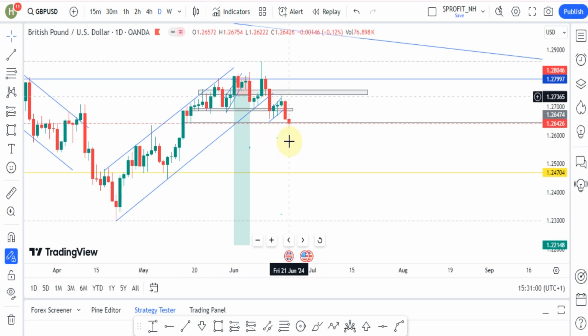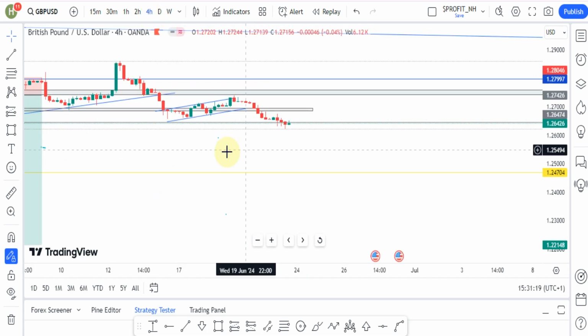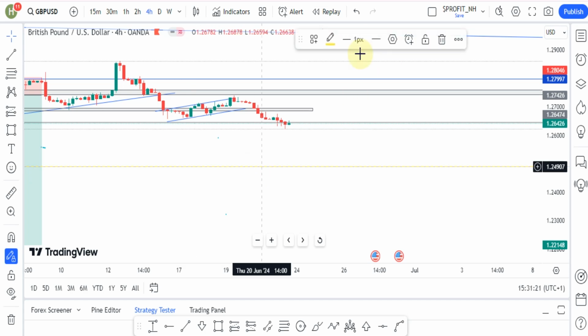So after this market giving us this kind of structure, probably on Monday when the market opens, we expect that this market might continue pushing to the downside, which means that coming on Monday we'll be looking for sell entries on the GBPUSD pair. That's how I'm looking at it from the daily time frame.